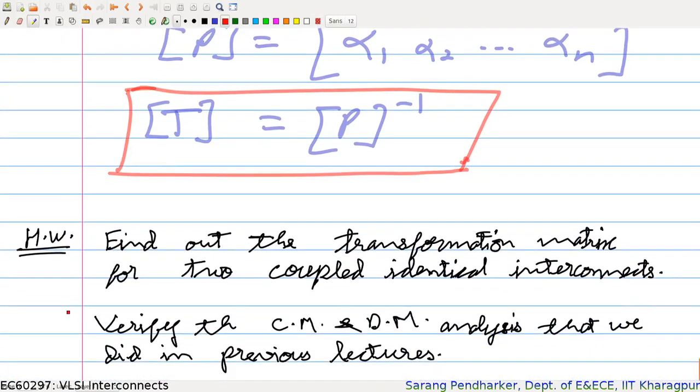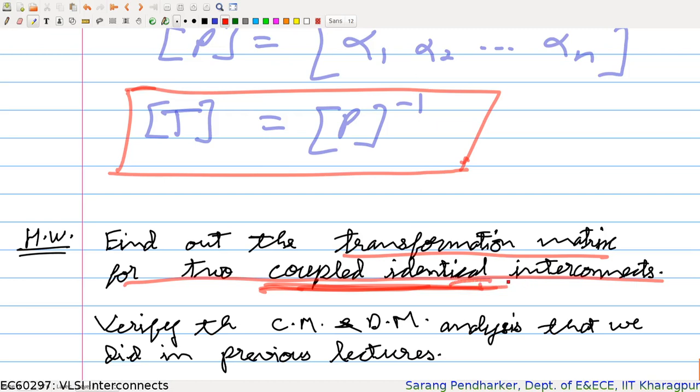For the remaining part of this lecture, what you should do is use the analysis that we saw now to find the transformation matrix for two coupled identical interconnects. We have already seen what we get for identical interconnects.